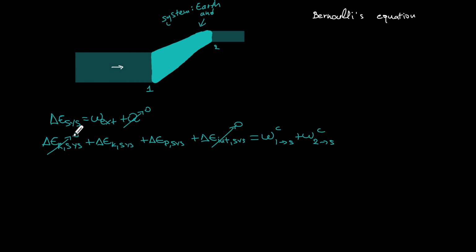Now we are not dealing with change in the rest energy. So I have E_K final of the system minus E_K initial of the system plus E_P.